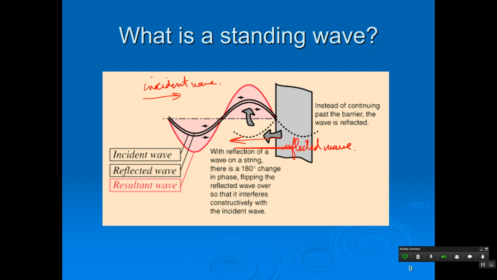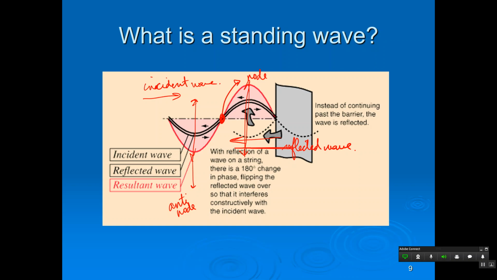And if you have them at exactly the right phase, in such a way that you've created something called a standing wave, you're going to have this point in the middle called a node, and you're going to have this line here, which is going to have a lot of movement, and that's called an antinode. I'm going to be using these terms quite a bit, so try to get used to them.